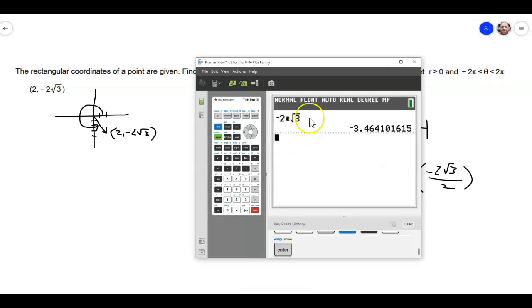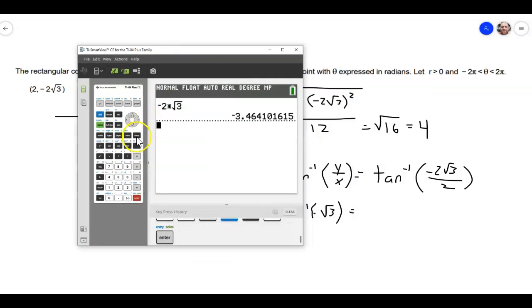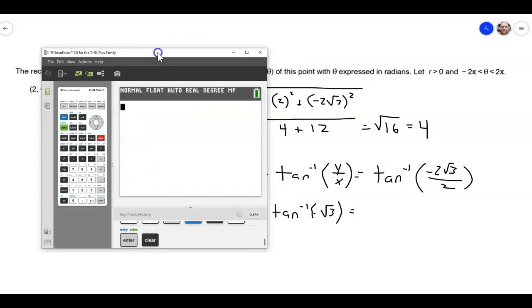I'm going to make sure I'm in degrees, because it's hard to tell when you're in radians. If you're in radians and you get a square root, the calculator is not going to give you the square root. It'll give you an approximation, and then you have to guess what that square root is. So it's much easier to find your answer in degrees and then convert it over to radians later.